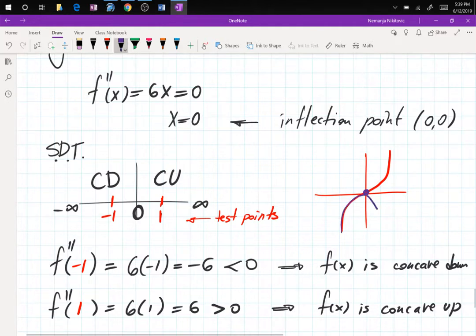This piece looks concave down. So this part of the line here is concave down, and this part of the line is concave up. Cool, huh?